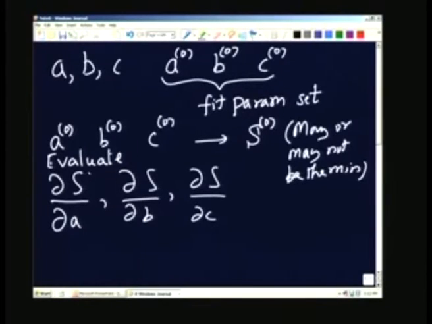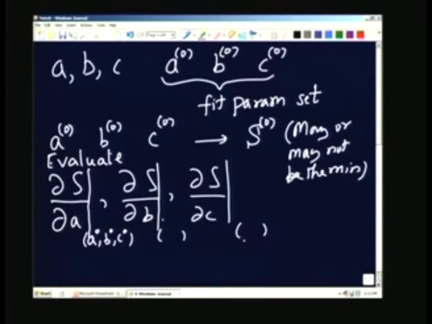So, I will put a bar here and say at A naught, actually, I have to say A naught, B naught, C naught. That becomes a subscript. So, this will be A naught, B naught, C naught, and similarly here.